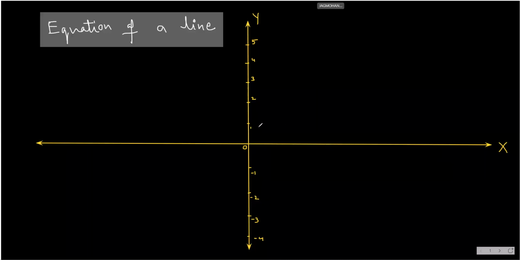Now, as I have written numbers on y-axis, definitely we will have numbers on x-axis also. But why am I writing numbers on y-axis only? Because I'm right now concerned with those lines which are parallel to x-axis. So here I'm writing the equation of a line parallel to x-axis.